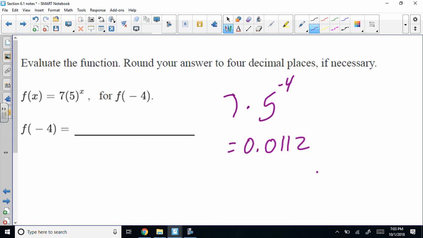Everybody in agreement? That negative 4 is really like that 5 being 1/5 raised to the 4th.